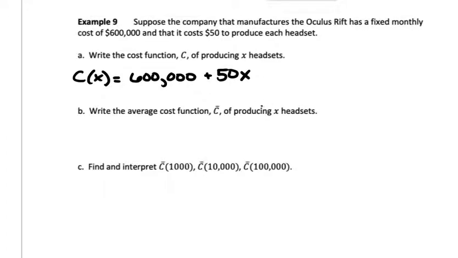Remember, x is always the number of products. So for the average cost function, we would take that cost that we just found, 600,000 plus 50x, and divide by the number of products, which is x.